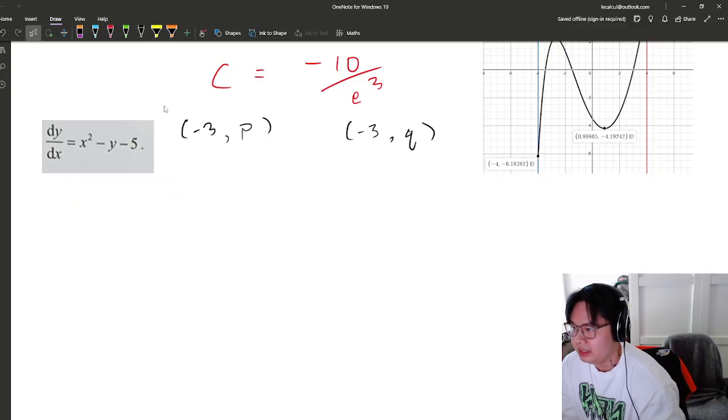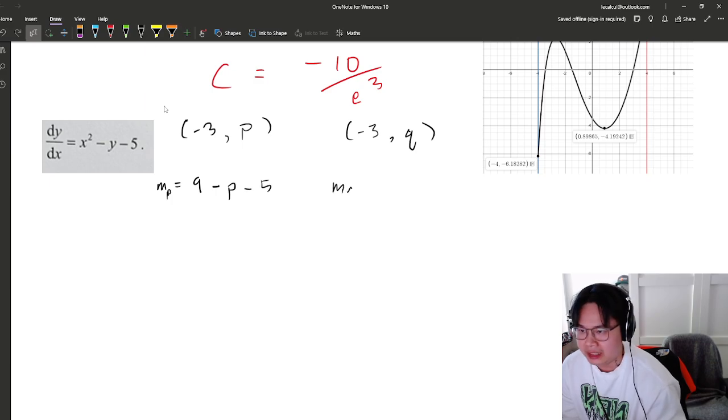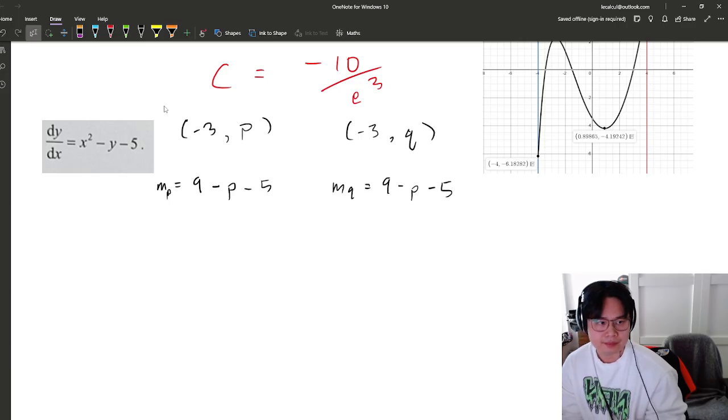Okay, this one is going to have a slope of, I'll call it MP, 9 minus p minus 5. Then of course that means that MQ is 9 minus q minus 5. Or sorry, Q.